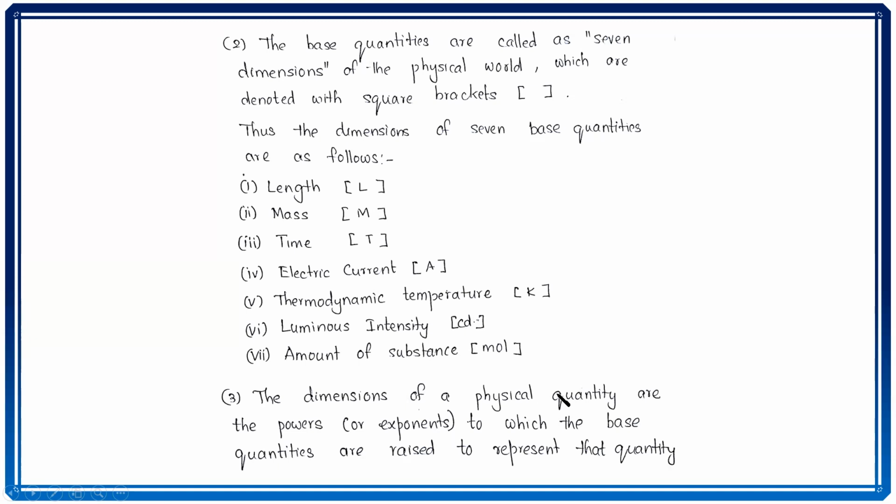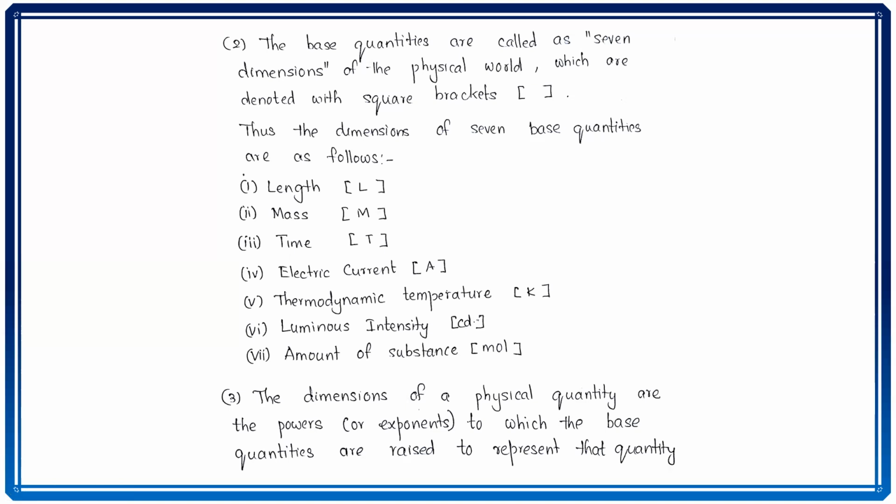The dimensions of a physical quantity are the powers to which the base quantities are raised to represent that quantity. I will explain it neatly. Dimensions means we are giving them powers. Powers means they are raised to exponents, like x square, x to the power of 4.